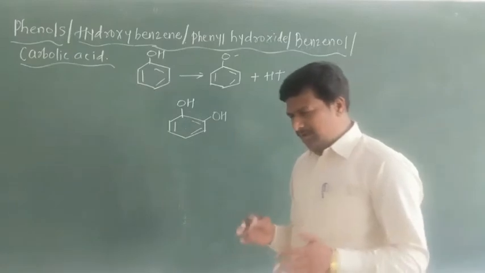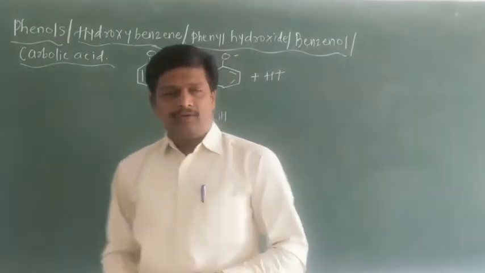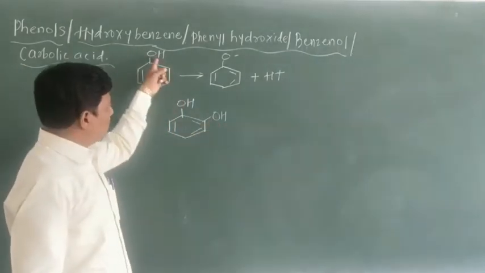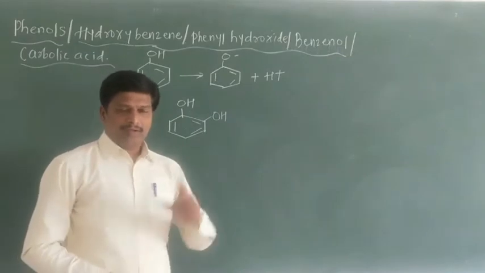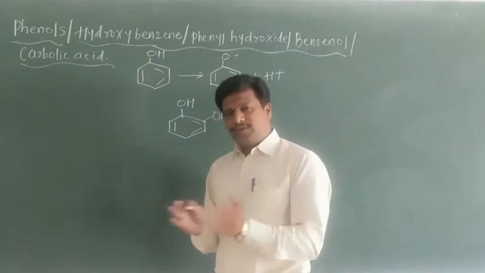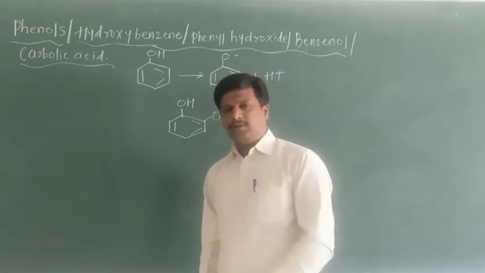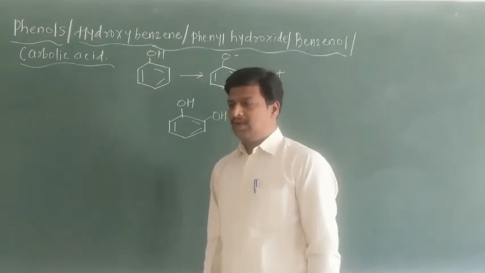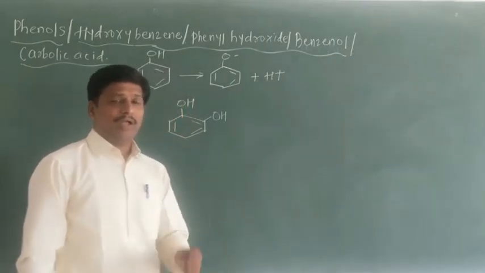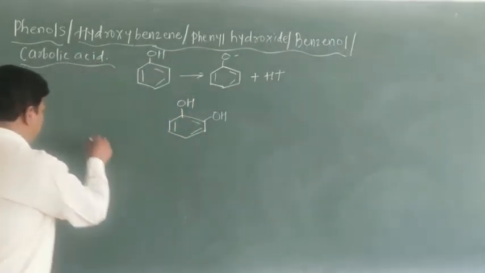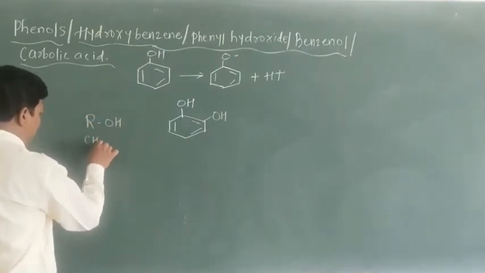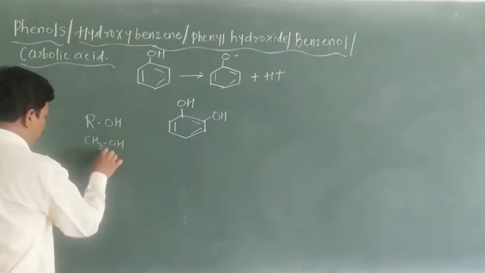But remember that we have already learned alcohols, and in alcohols the OH group is also present. In alcohols and phenols the OH hydroxy group is the same, but there should be a difference between them. In alcohols the hydroxyl OH group is directly bonded to an aliphatic carbon atom, and the representation of alcohol is ROH, for example CH3OH methyl alcohol or C2H5OH ethyl alcohol.